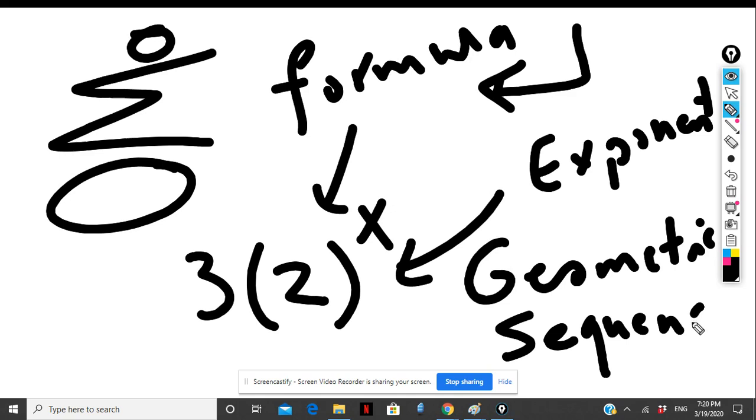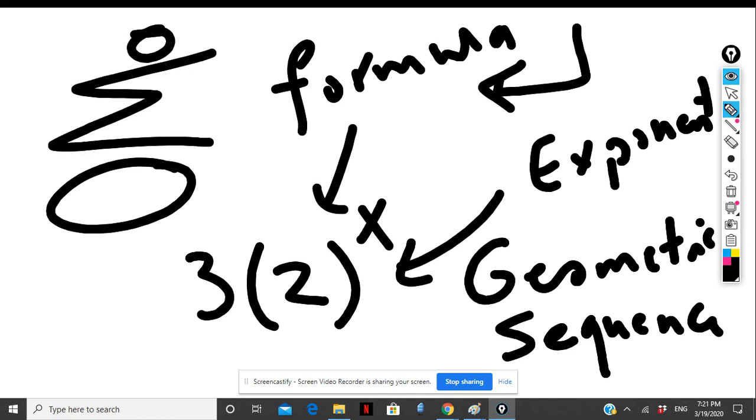And as we know, the difference between the arithmetic sequence and the geometric sequence: in the arithmetic sequence, I add a certain difference. Like, for example, I add 2, I add 3, or I subtract 2, I subtract 3, or subtract 5. But in a geometric sequence, I multiply by a common ratio. This common ratio may be an integer, for example 2, 3, 4, 5, or maybe a fraction like 1/5, 1/4, and so on.